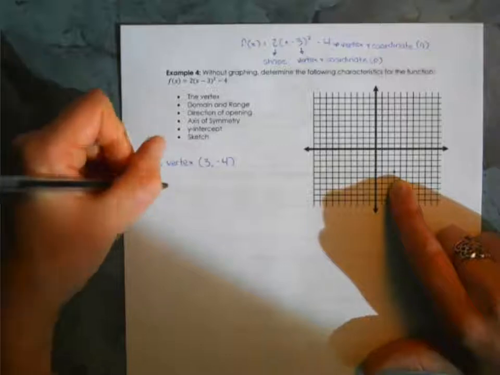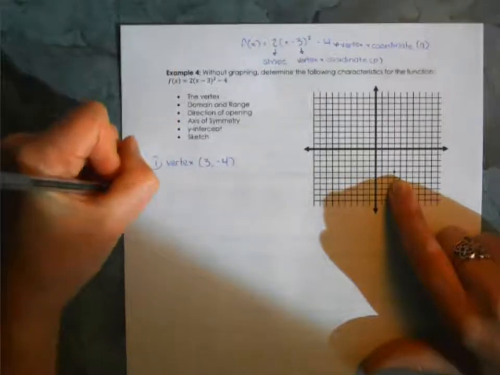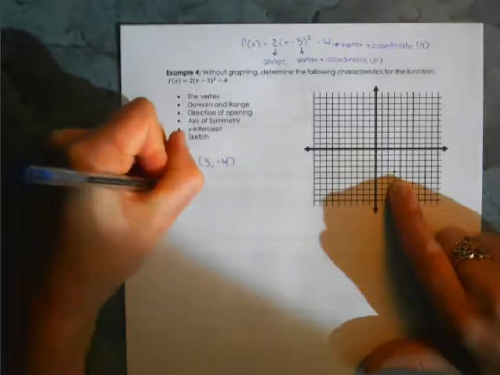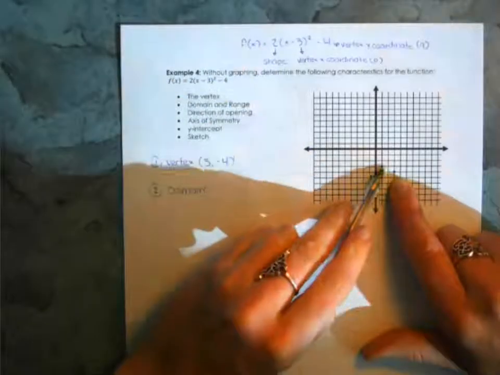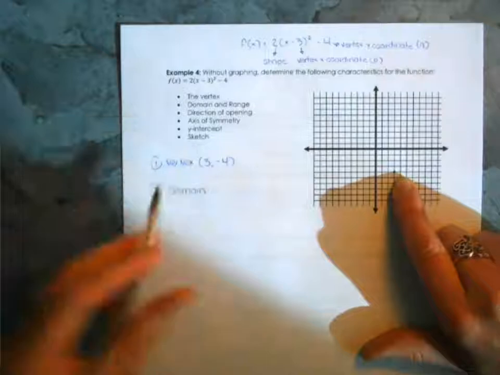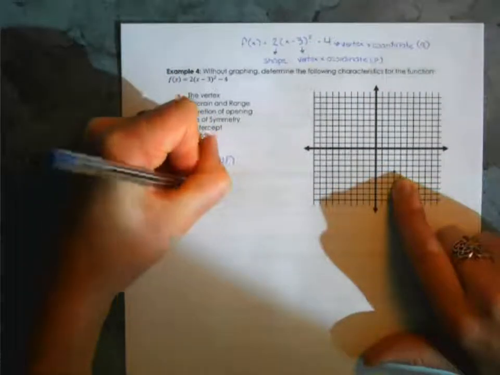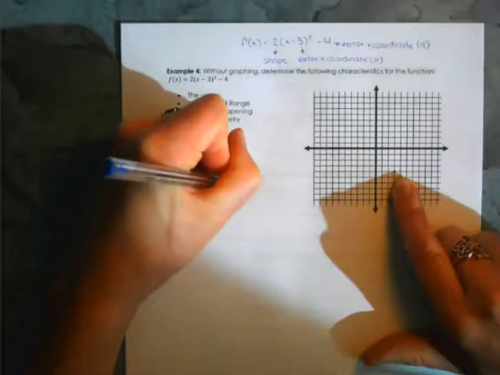So let's see what else. Domain and range. So domain is going to be our x values. Now the one thing we know before we even sketch it is because this is a positive value, it's opening upwards. And so that means for our x values, it's going to be still all real numbers, no big change there.